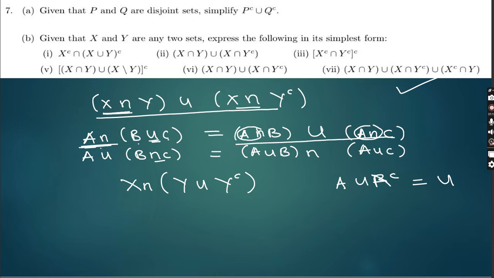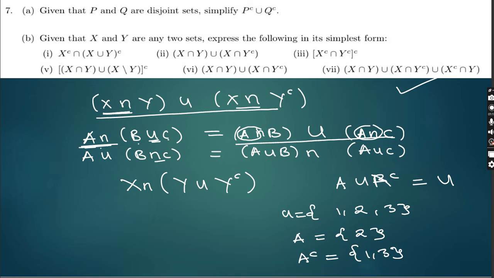Let's say we have our universal set running from 1, 2 and 3, and our set A is 2. For our A complement, we remove 2 from the universal set, and we remain with 1 and 3.